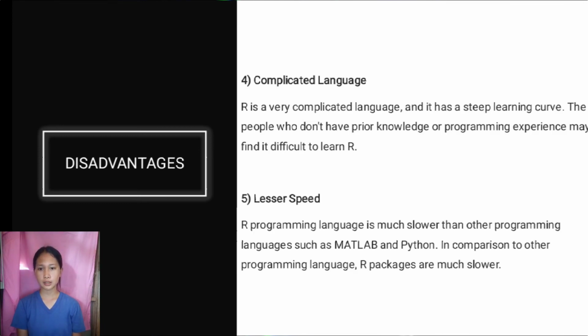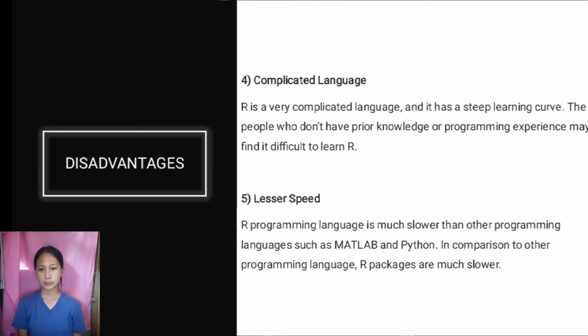Fourth one is the complicated language. R is not an easy language to learn. It has a steep learning curve. Due to this, people who do not have prior programming experience may find it difficult to learn R.